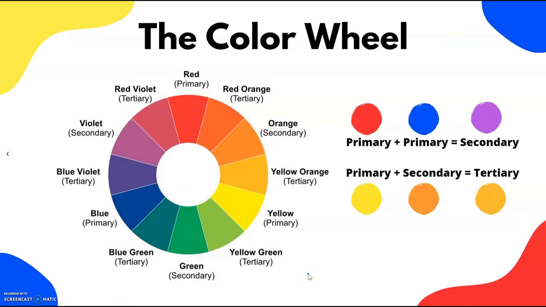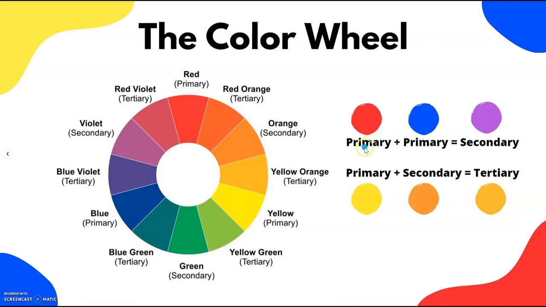After that are our tertiary colors, and that's our third part. Our tertiary colors are red-orange, red-violet, blue-green, and yellow-orange. And you create those by combining your primary and secondary colors together.